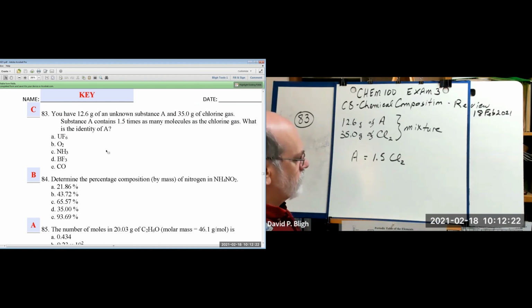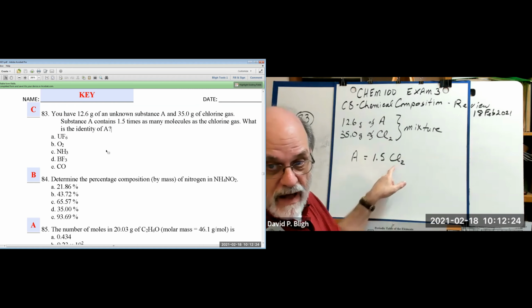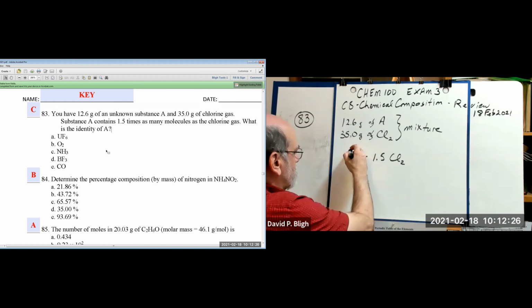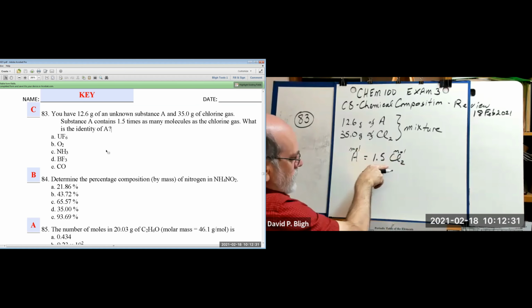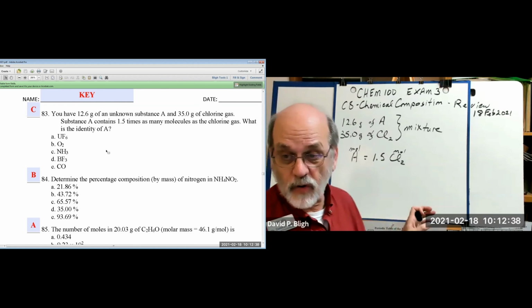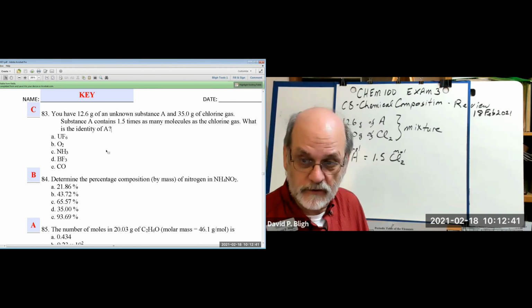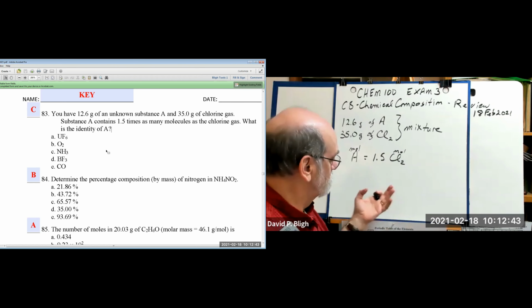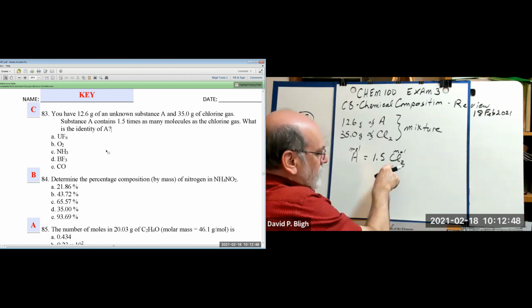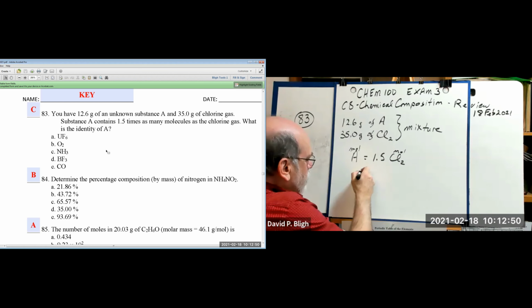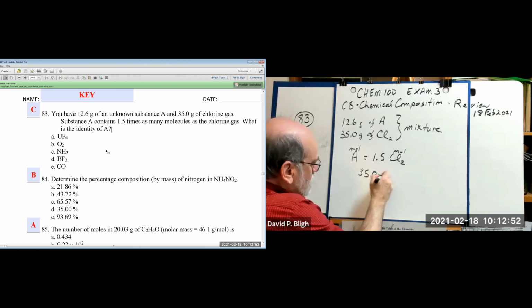If that's the ratio of molecules, which is another way of saying moles, 1.5 times the moles of chlorine will give you moles of A. And we've got grams of chlorine gas, so we can find out how many moles of chlorine there are. So we need to know 35 grams of chlorine converted to moles.